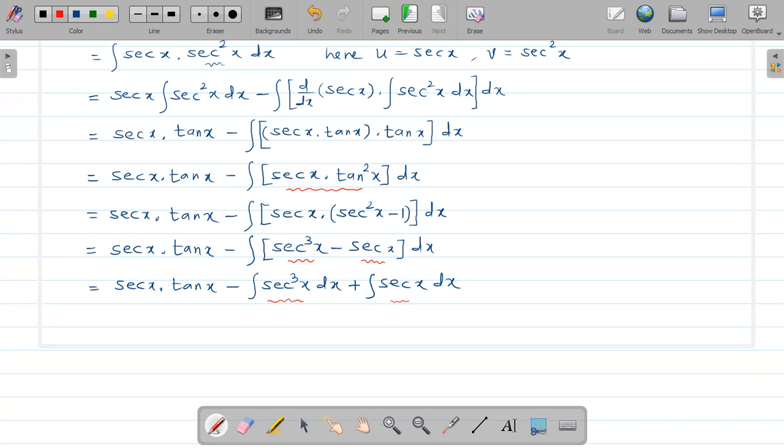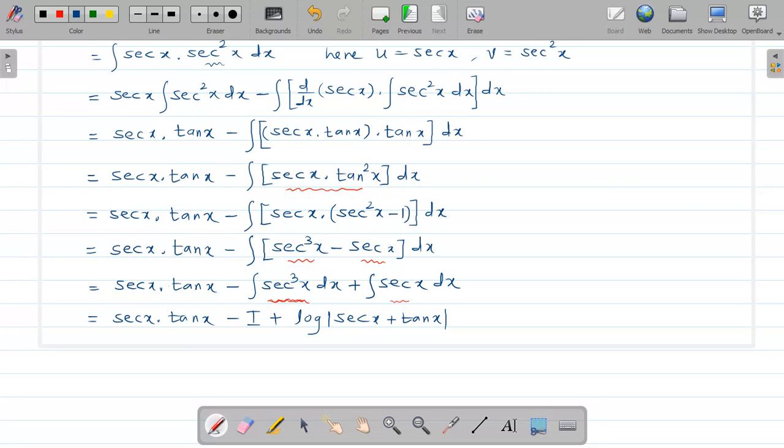Okay, now we are going to solve the integration of sec cube x dx, and here also we get the integration of sec cube x dx. So you can replace that integration of sec cube x dx as I. So I will write here sec x into tan x minus I, plus, now all of you know that integration of sec x is log of modulus of sec x plus tan x.